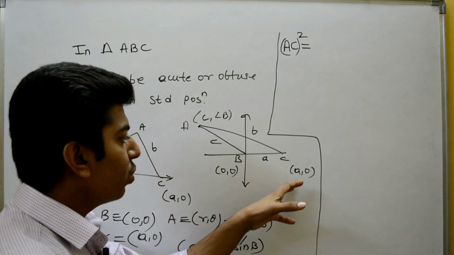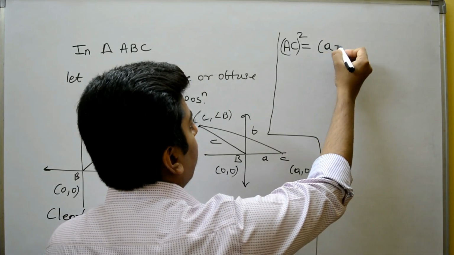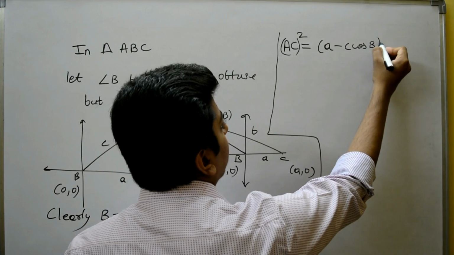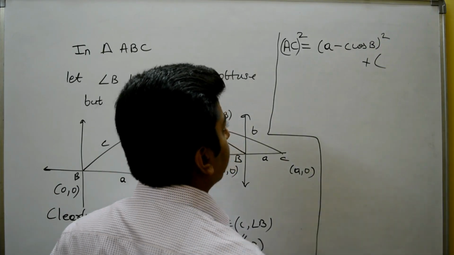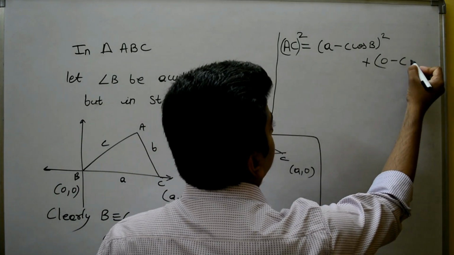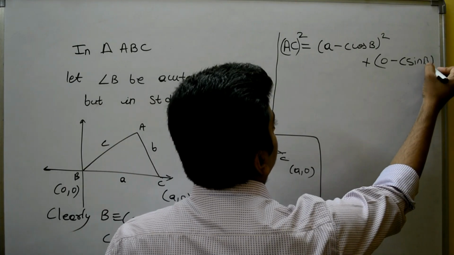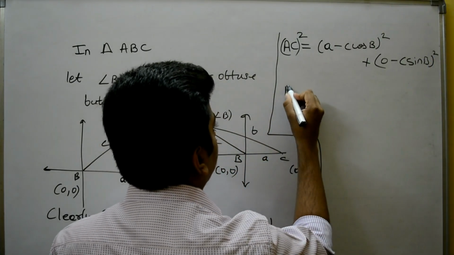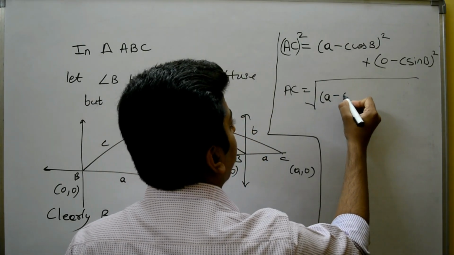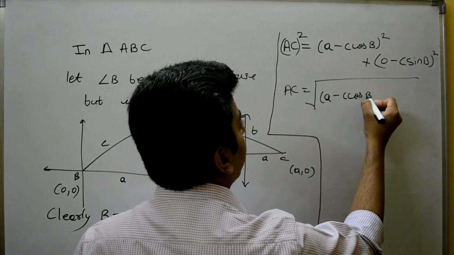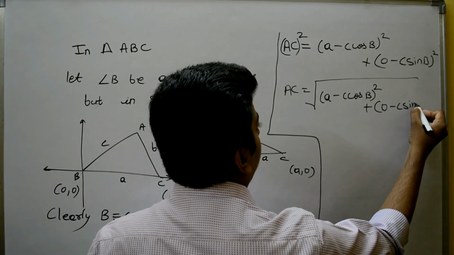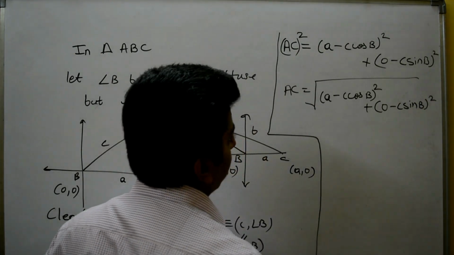So here x2 is a minus c cos B whole square plus 0 minus c sin B whole square. So AC is equal to under root of (a minus c cos B) whole square plus (0 minus c sin B) whole square.